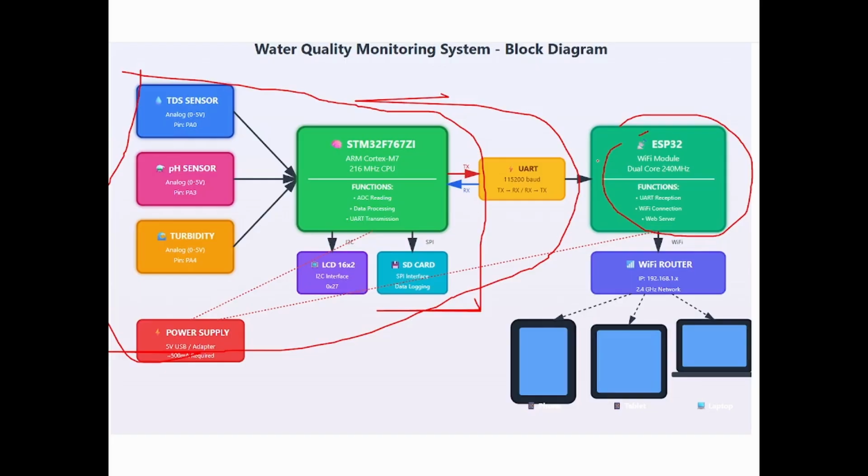It will pass that information through a web page, and anybody using the IP address of this device can access that web page, from a laptop, tablet or mobile, and you will have the real time data over the internet. So our code will remain the same. I'm just adding another module.